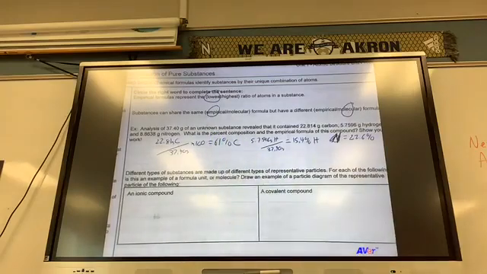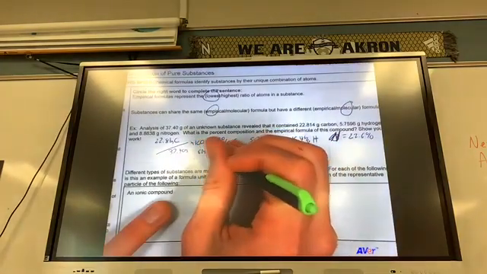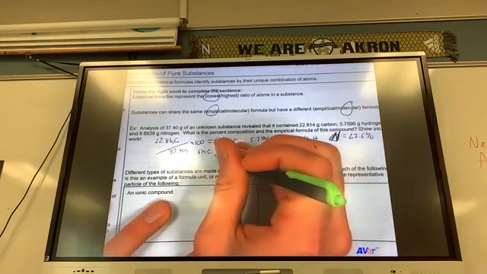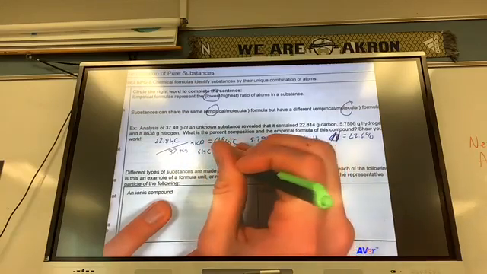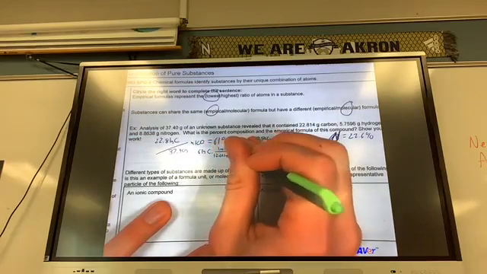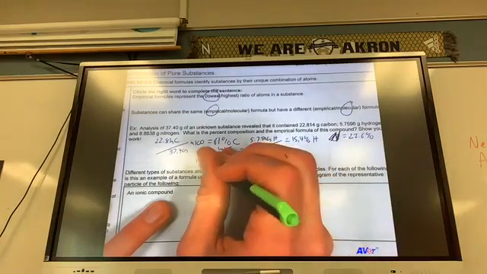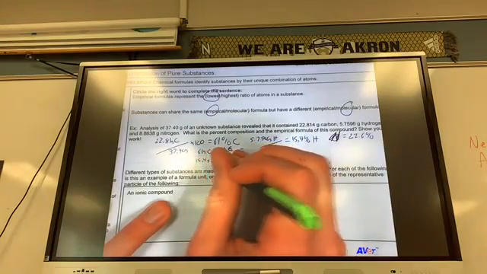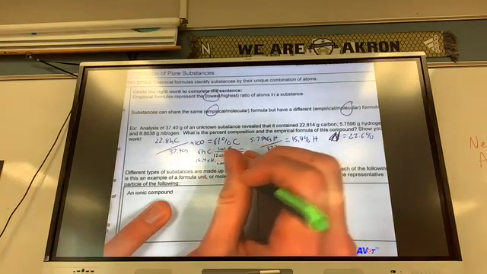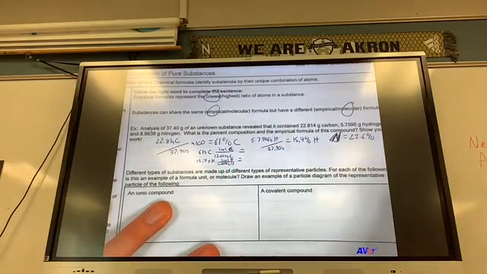So those become grams. I'm going to take my 61 grams of carbon times 1 mole over 12.011 grams of carbon. Then I'm going to take my 15.4 grams of H times 1 mole over 1.008 grams of H and get my moles of hydrogen.